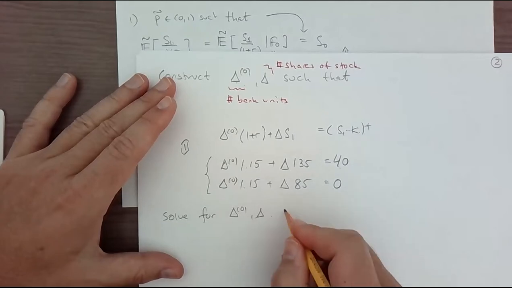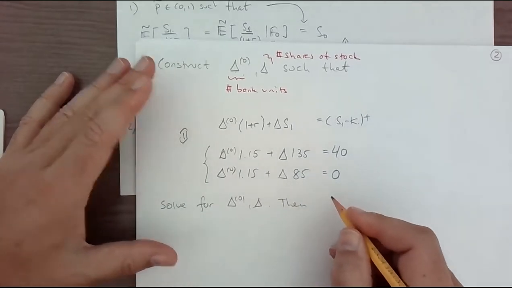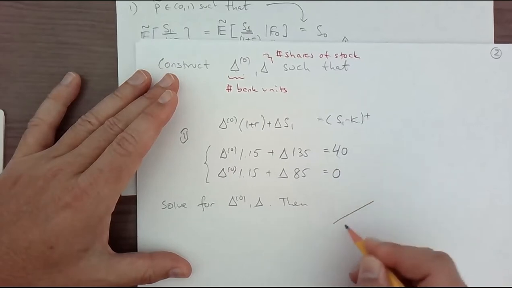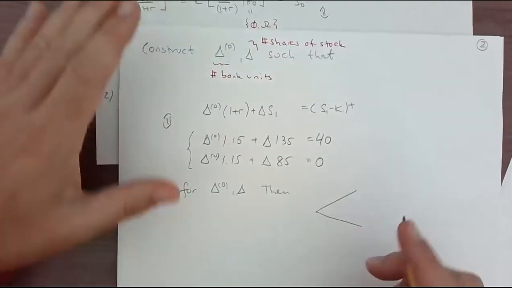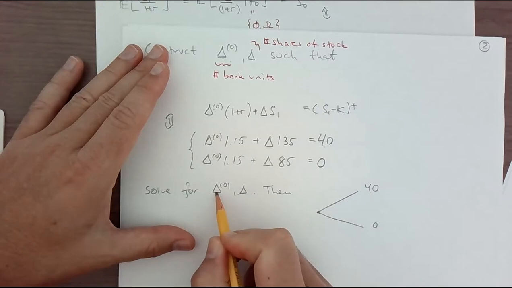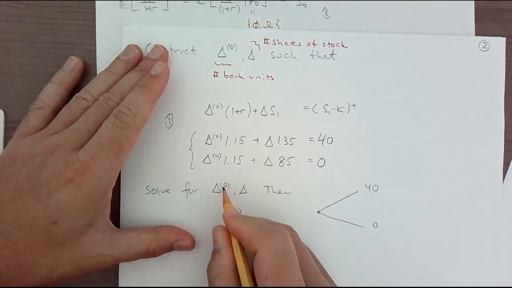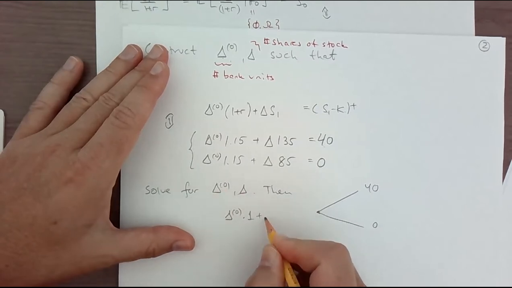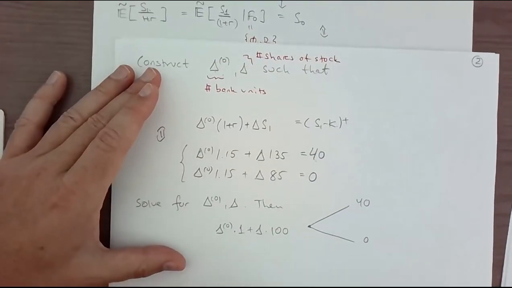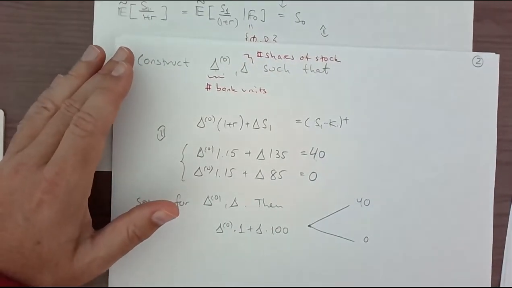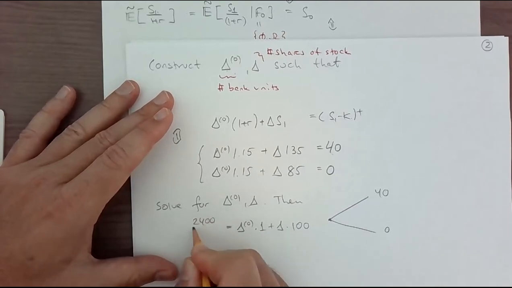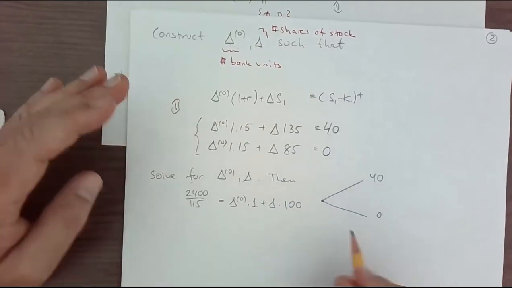The question mark there had payoff 40 and 0. The value you have out here will now be the number of shares of the bank account times 1 plus delta times the 100. If you do that, I get a number like 2,400 divided by 115.